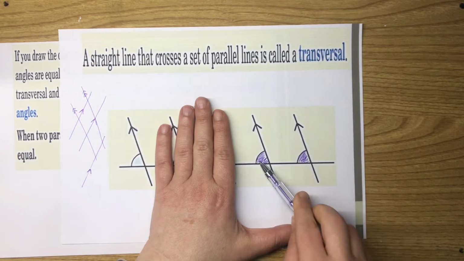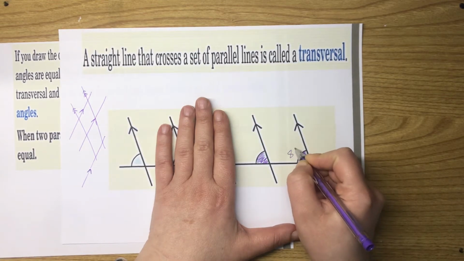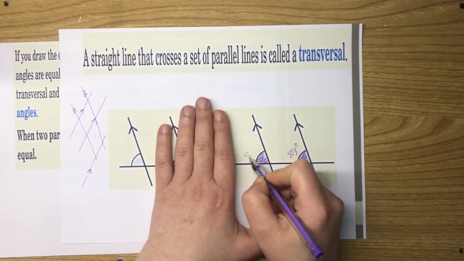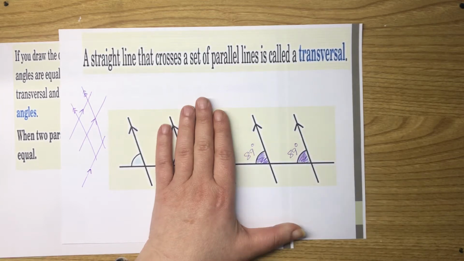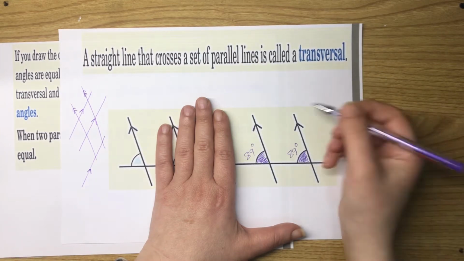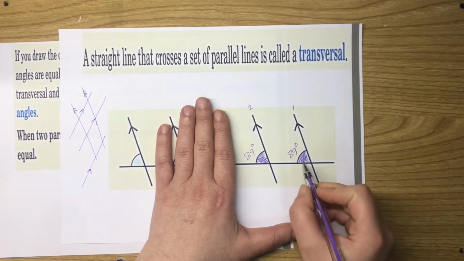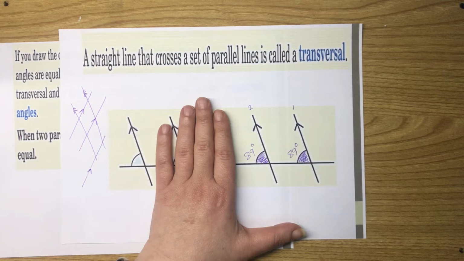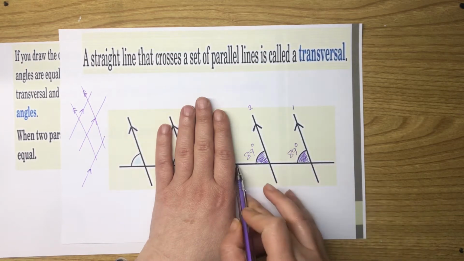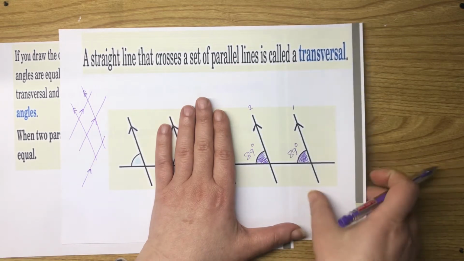So let's say this one is 89 degrees, so the other one must be 89 degrees. Let's say this is line number 1, line number 2. Those two angles correspond to each other because they have the same place by this transversal line that crossed this set of parallel lines.